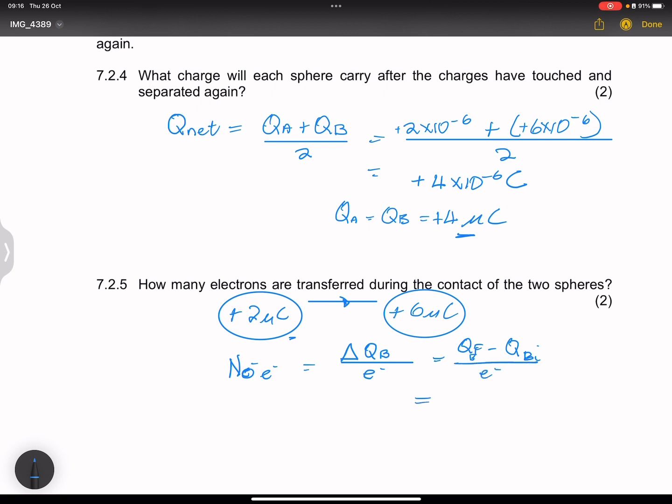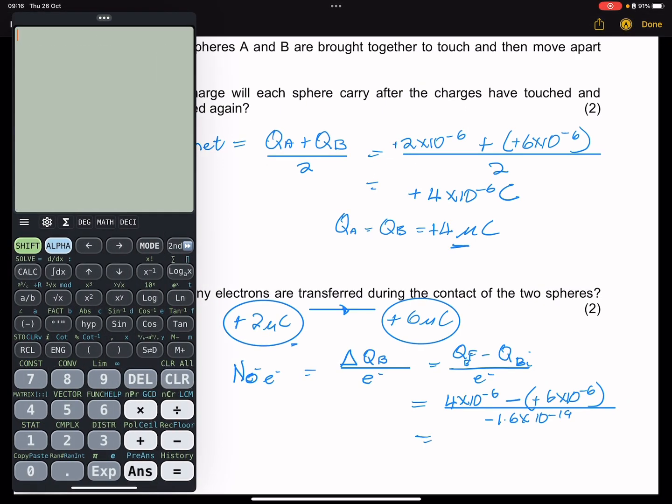So the charge of B final is positive 4 times 10 to the minus 6, minus, in this case, the initial charge of B, which remember was 6. So that's minus a positive 6 times 10 to the minus 6. This is divided by minus 1.6 times 10 to the minus 19. Let's try and calculate that change in charge there.